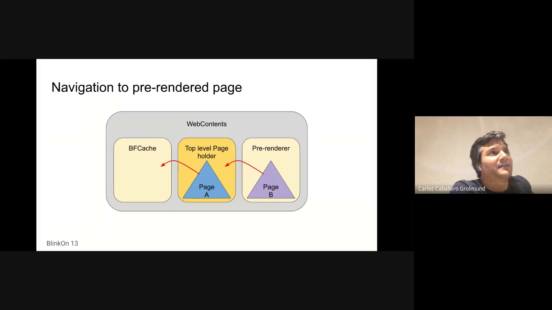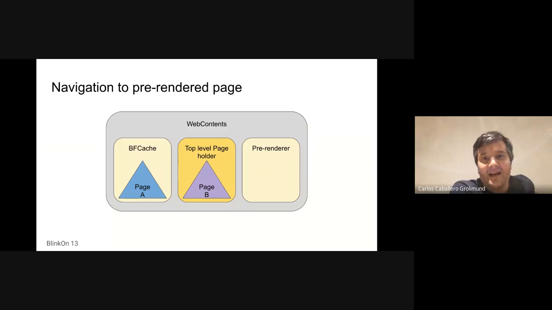So let's say we're looking at a search results page, and the pre-rendering for StarMagic determined you're likely to click on a link to page B. So the pre-render will start loading page B, have it ready there on the side. You're not seeing it, and once you click on the link, instead of navigating to it and spending some time in it, we just swap the page in, which is what happens here.